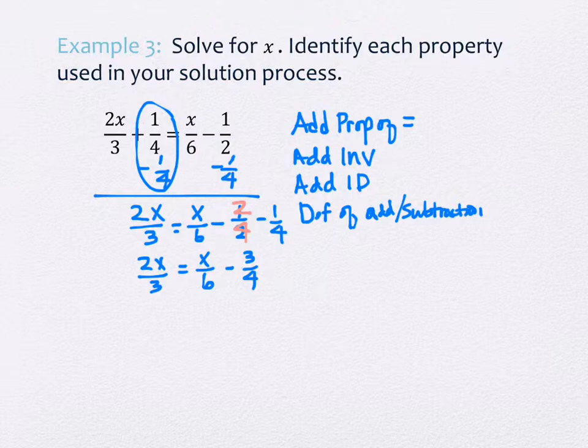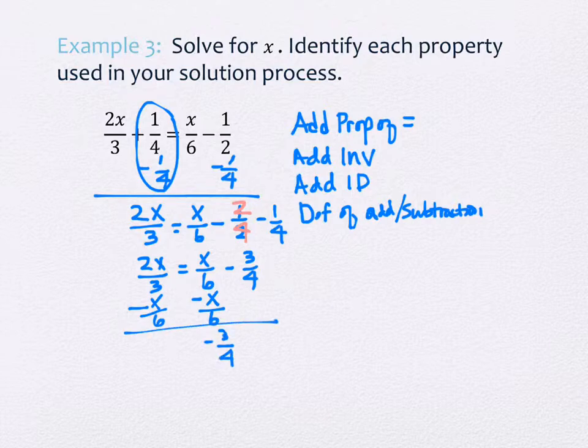Now what? Okay, so we're going to do the same kind of thing, but with the variable term now, minus the x over 6. I still have a negative 3/4 on the right. But now I have 2x over 3 minus x over 6.